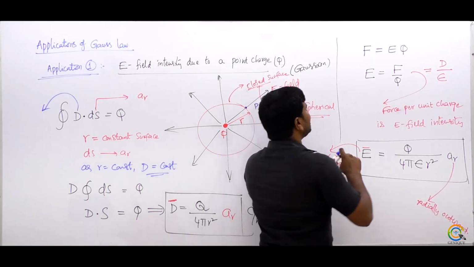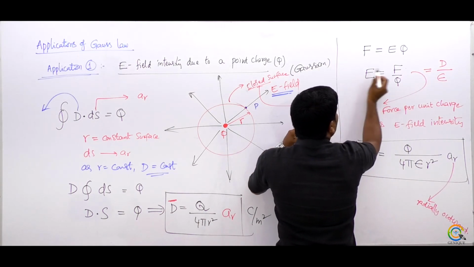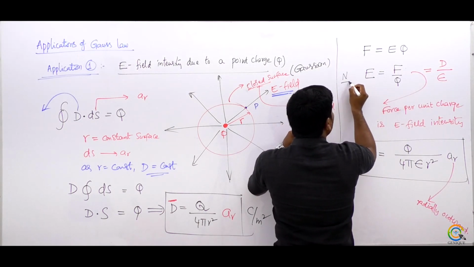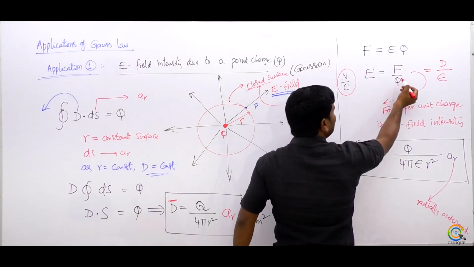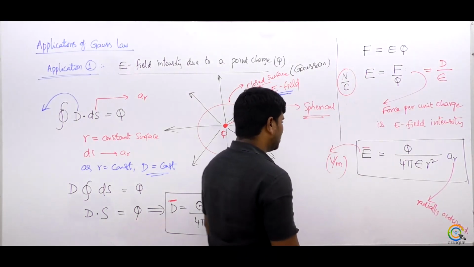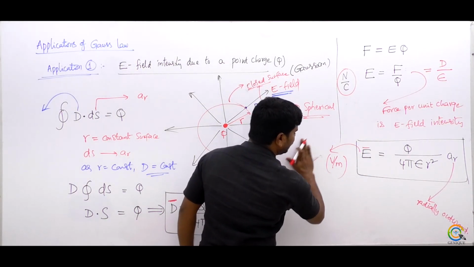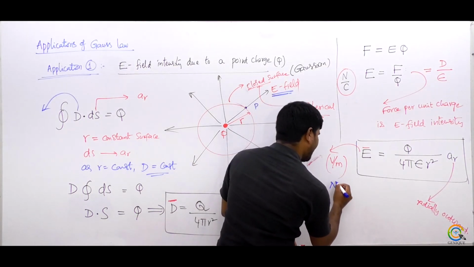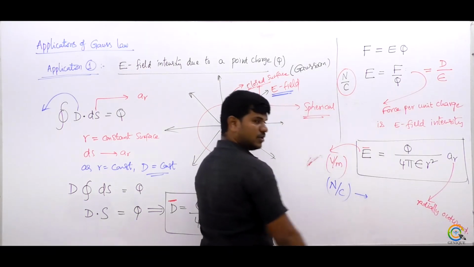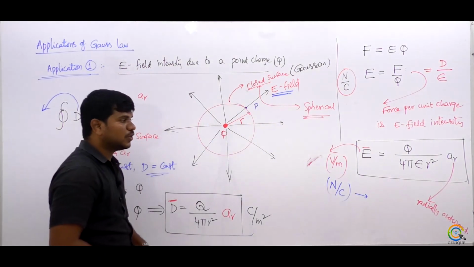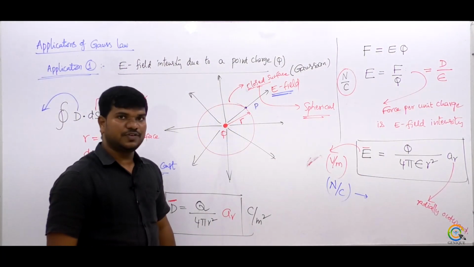For force per unit charge, force is in Newtons and Q is in Coulombs, so I can also write Newtons per Coulomb. This is a very important unit. Newton per Coulomb is also the unit of the electric field intensity.